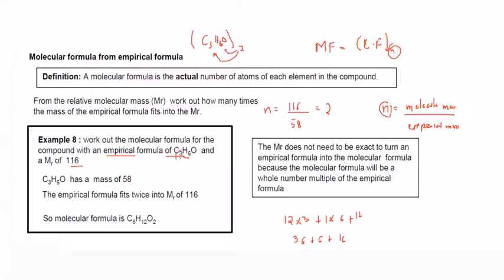Because it contains 3 carbon, 6 hydrogen, and 1 oxygen, that's why it's only 16. And this 2 is also multiplied. So 3 multiplied by 2 is 6 carbon, 6 multiplied by 2 is 12 hydrogen, and 2 multiplied by 1 is 2 oxygen. So that is the molecular formula. Is it clear? So empirical formula times n will give you the molecular formula. Is it clear? Yes.